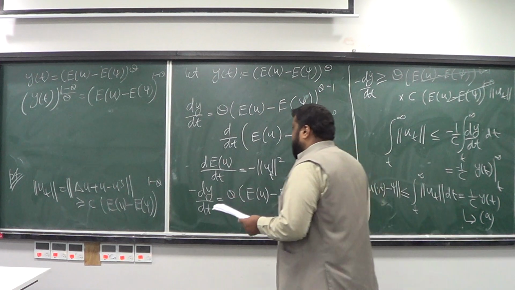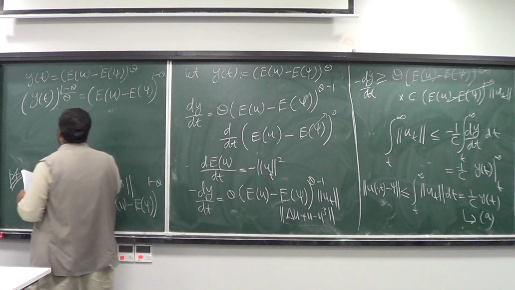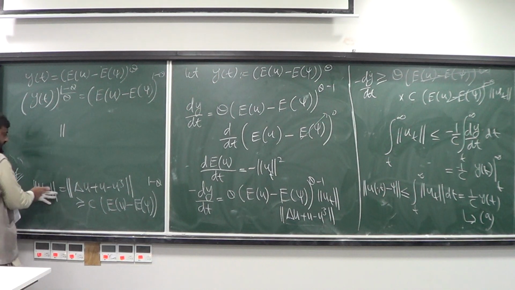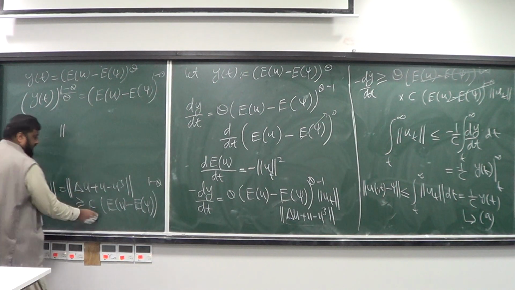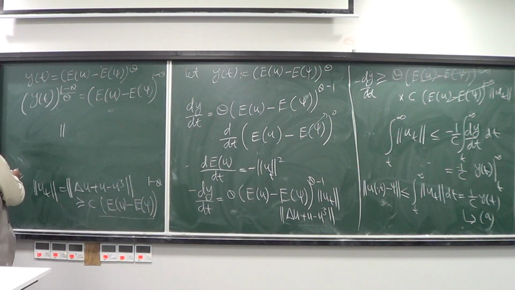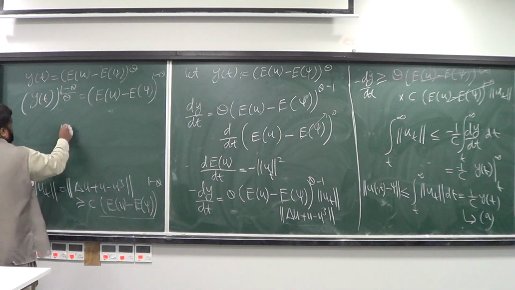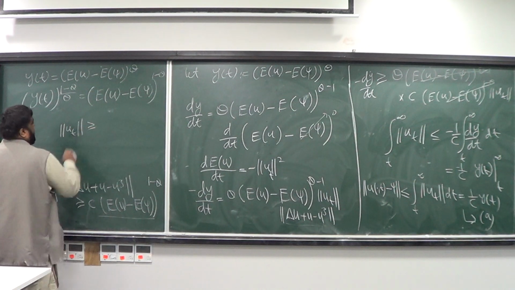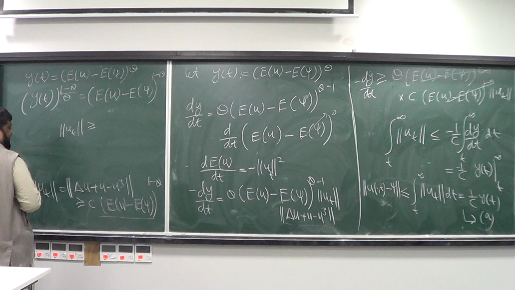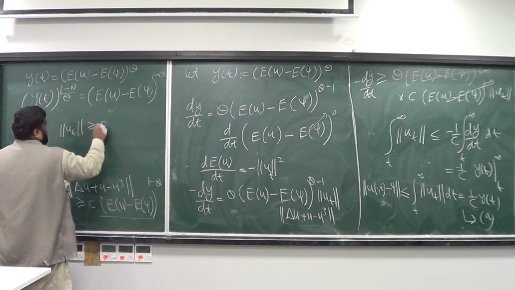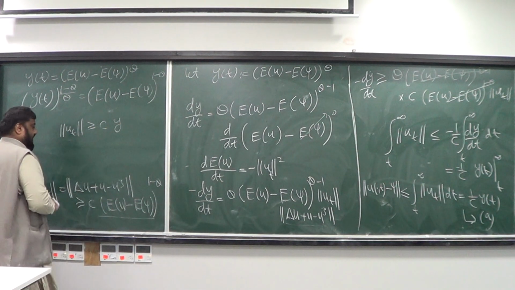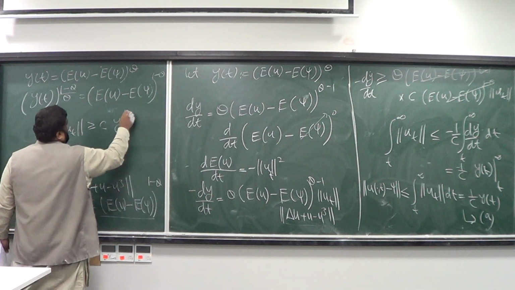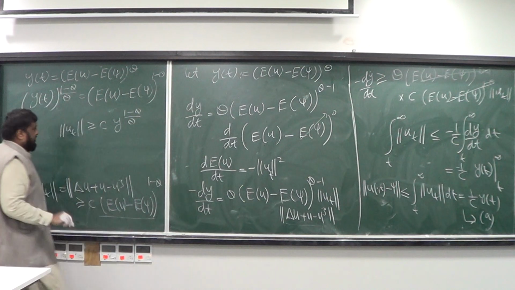And now if I use this expression in this inequality, especially in this place, what will happen? I can say that the norm of u_t is greater than or equal to c times y to the power 1 minus theta by theta.